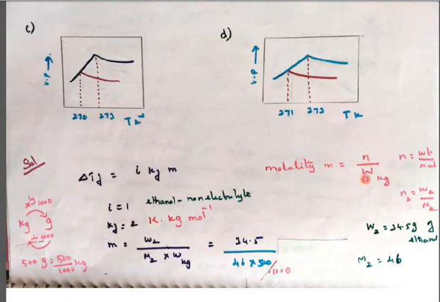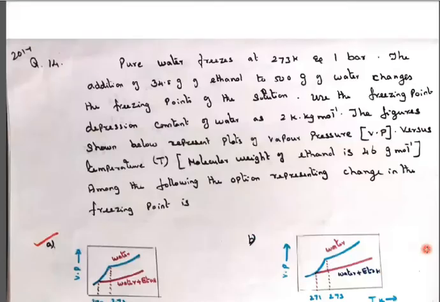m is equal to n by W, the mass of solvent. n is the weight divided by the molecular weight of the solute, that is, n2 is W2 divided by M2. W2 is given as 34.5 grams of ethanol in the question.